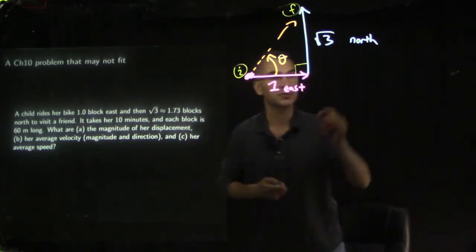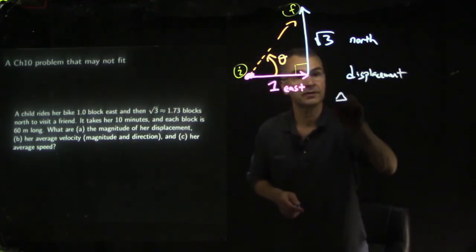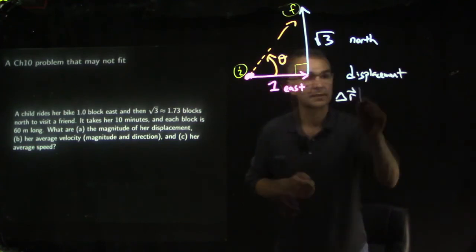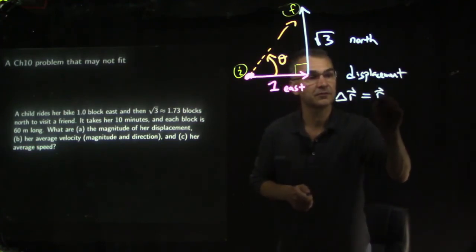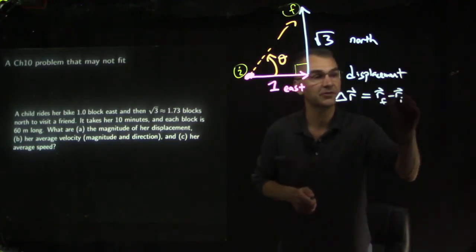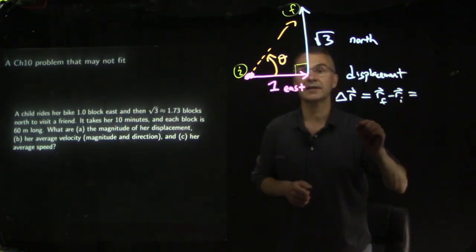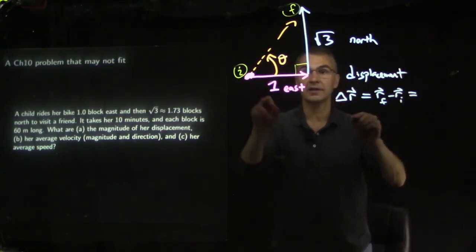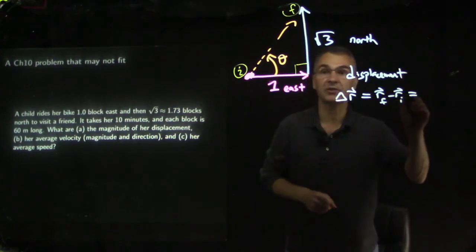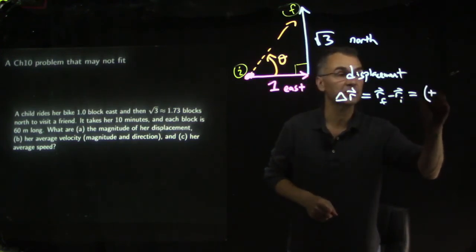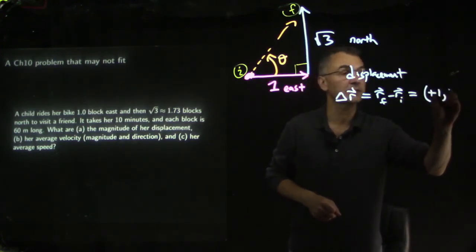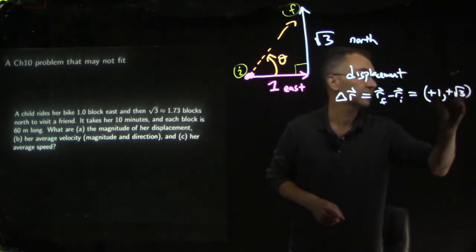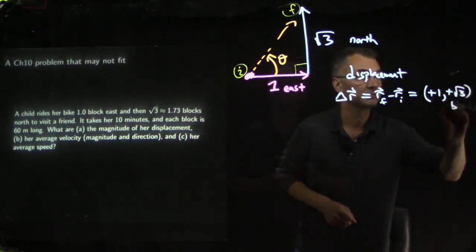So her displacement is delta R, which is R final minus R initial, and that is in x, y notation plus 1, plus square root of 3 blocks.